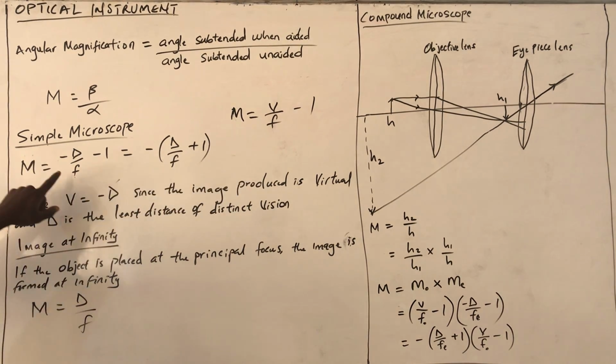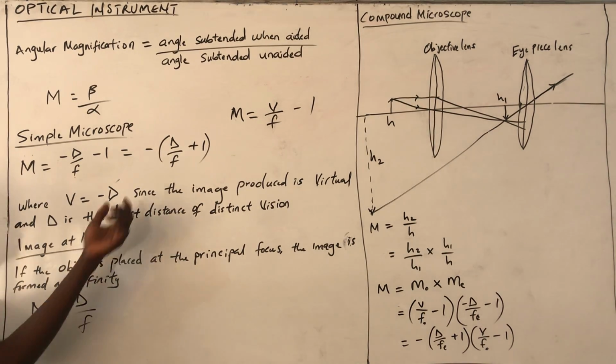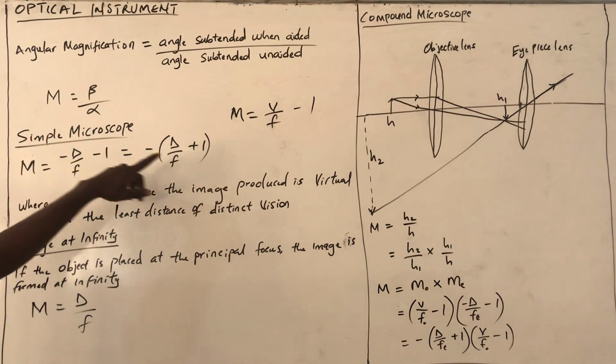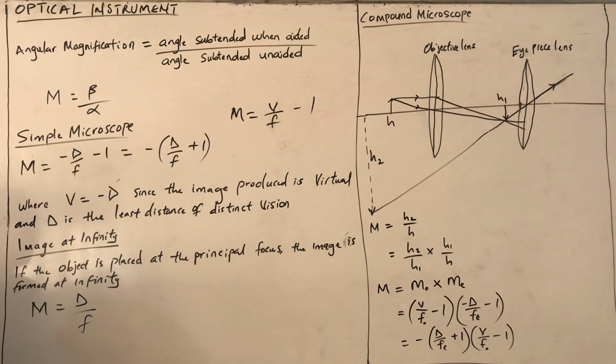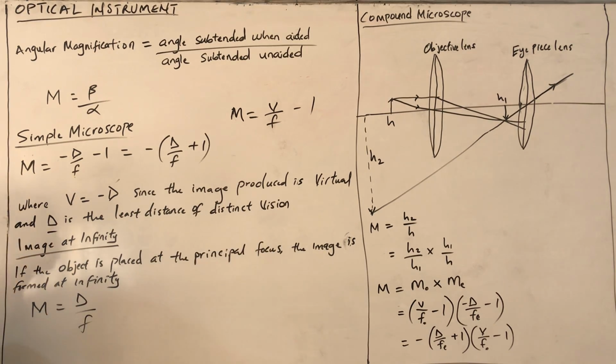Since the final image produced by a microscope is virtual and magnified, our V, that's this image, is going to be minus D. And D is the least distance of distinct vision.